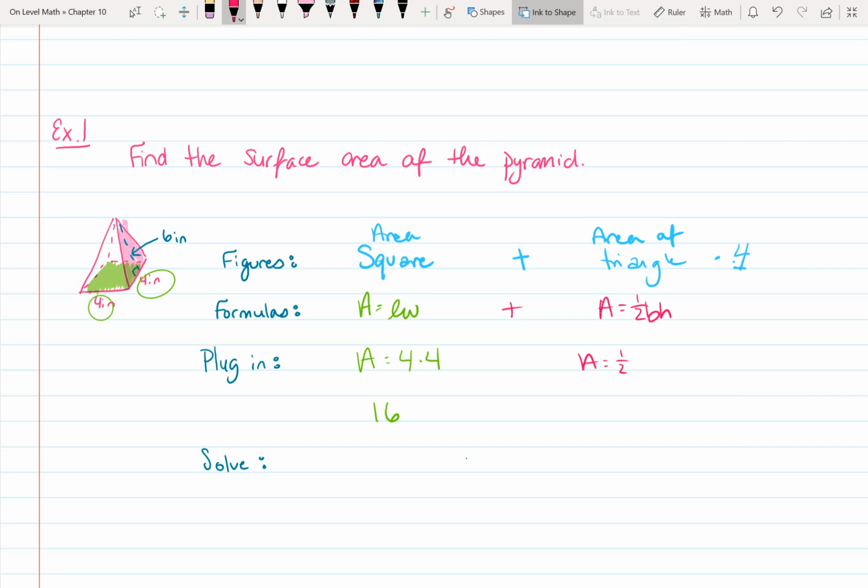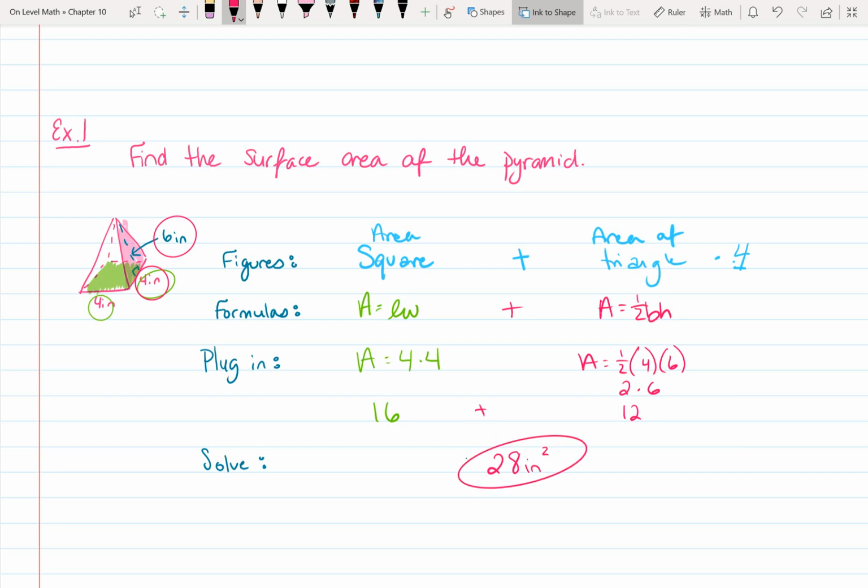Now the base is this 4. The height is that slant height, which is the 6. 1/2 times 4 is 2. 2 times 6 is 12. Alrighty, 16 plus 12, 28. And it is 28 inches, and it is area, so it is squared.